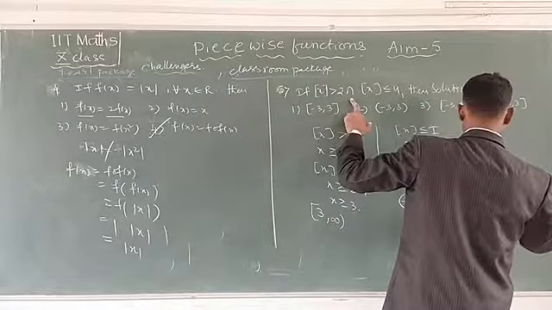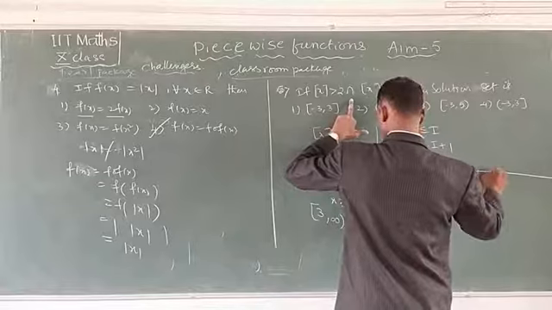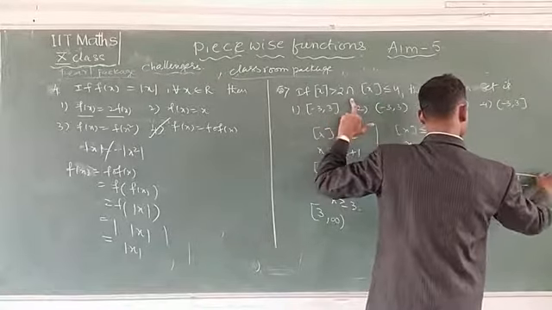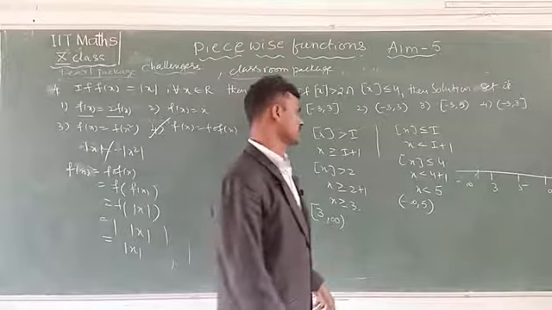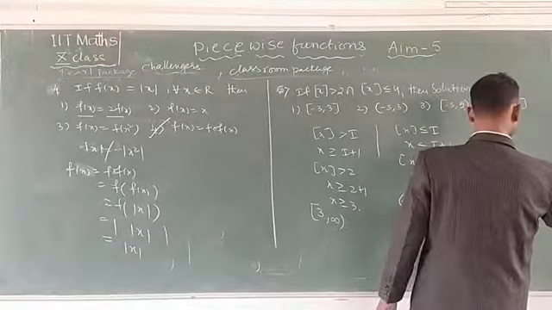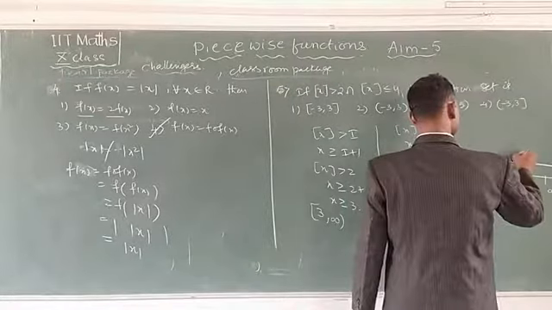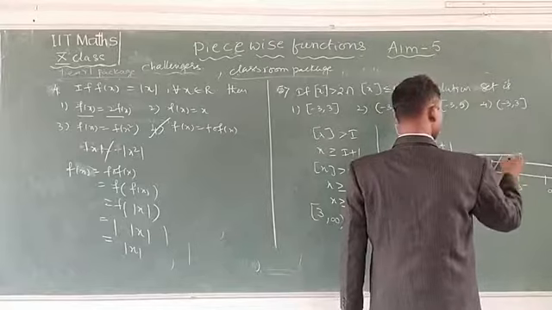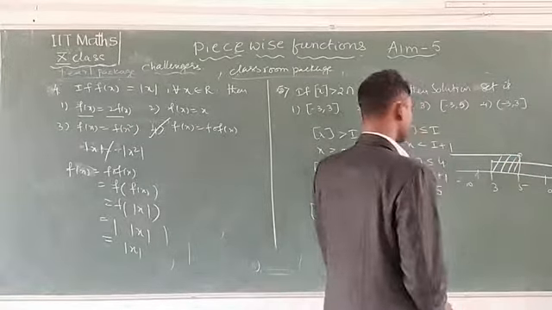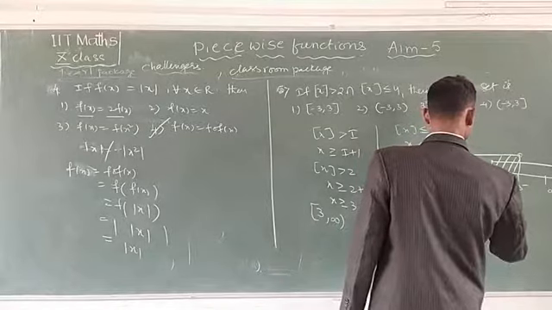Intersection part means minus infinity to 5 and 3 to plus infinity. First one is 3 to infinity, and next one is minus infinity to 5. This is a closed interval, this is an open interval. Only the common part, intersection means common part. The common part is closed interval 3 comma 5 open interval.